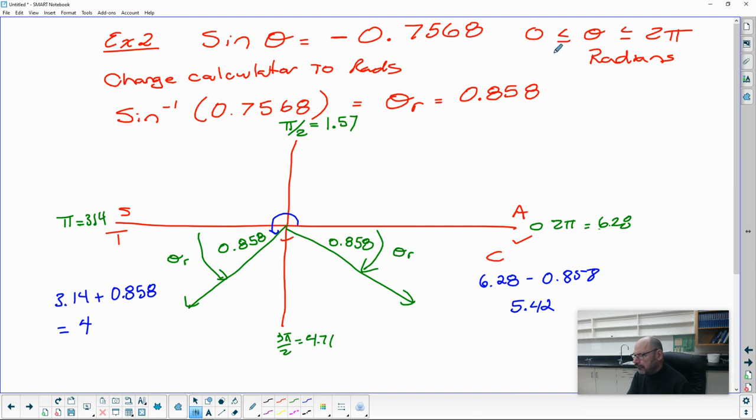That's one round. So my answer is theta equals 4 and 5.42 radians.